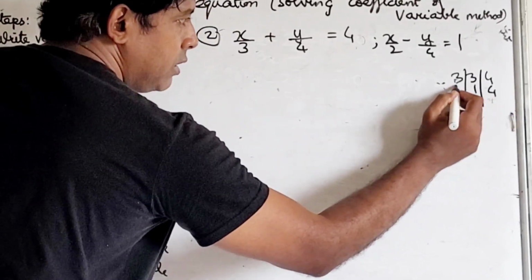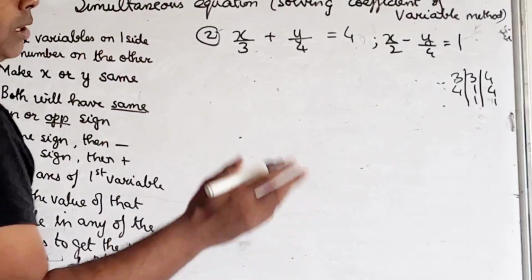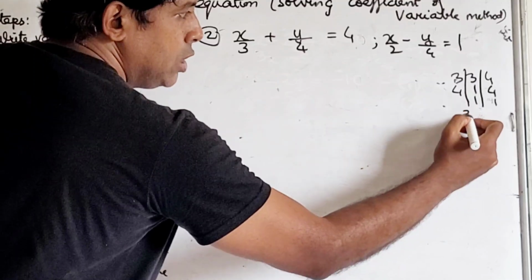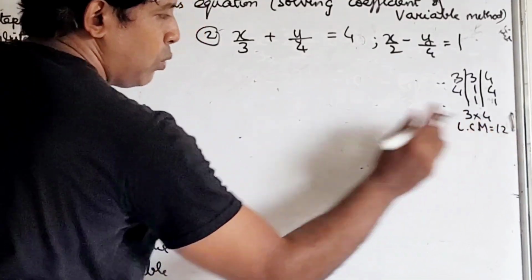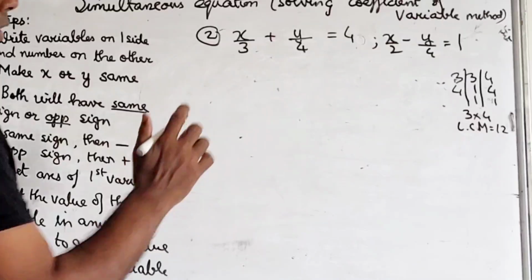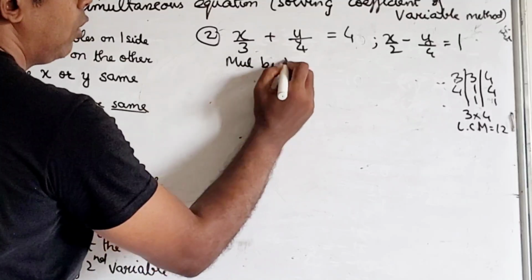If there was some other number, you should always take only prime numbers when you are dividing. So 3 into 4, so LCM is equal to 12. Whatever LCM you have got, multiply all the terms by that number. So in this case, I'm going to multiply by 12 on both sides.